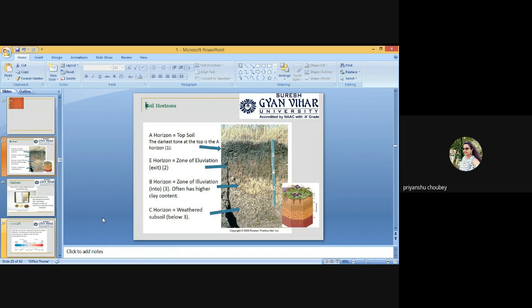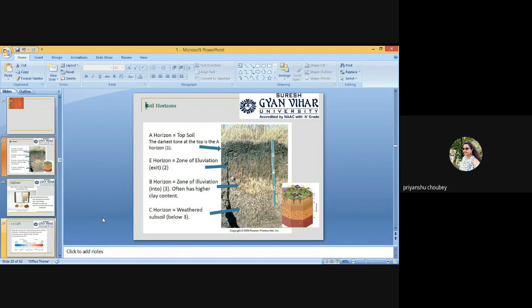This horizon is usually common on the forest floor. The O horizon may be of two types. First one, O1, is undecomposed matter such as leaves, and O2, well decomposed organic matter.